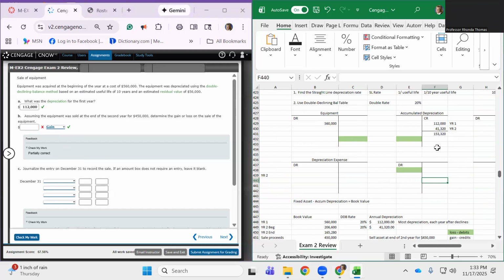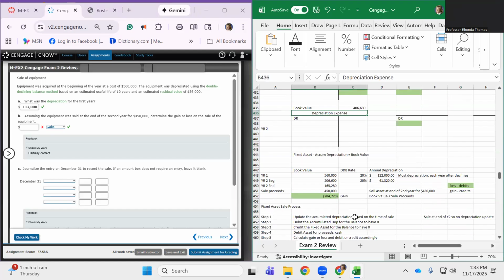Okay, so I'm going to check the book value here. Book value equals 560 minus 153,406,680. Oops, sorry about that. I don't know yet, where did I get that? That's a good question.